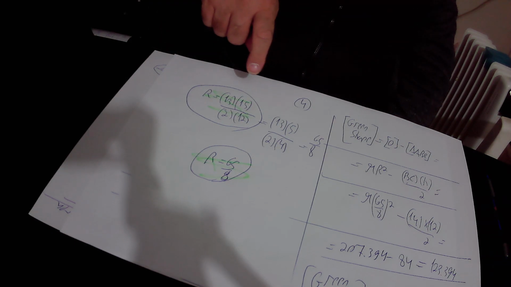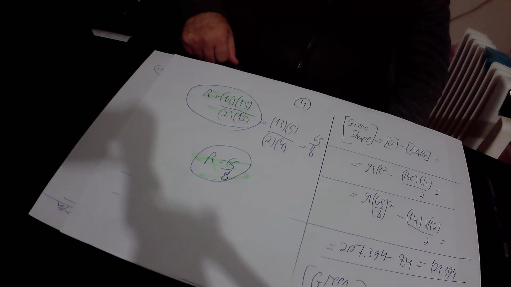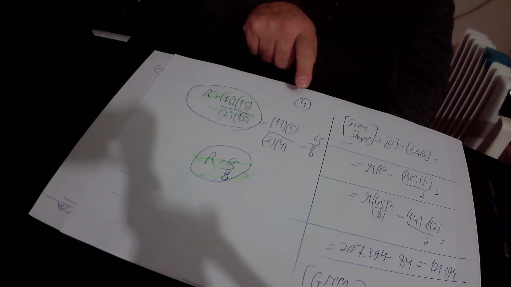So we divide both the numerator and the denominator of this expression by 3. In the numerator we have 13 times 15, and 15 over 3 is 5. So after dividing by 3, we are left in the numerator with 13 times 5.